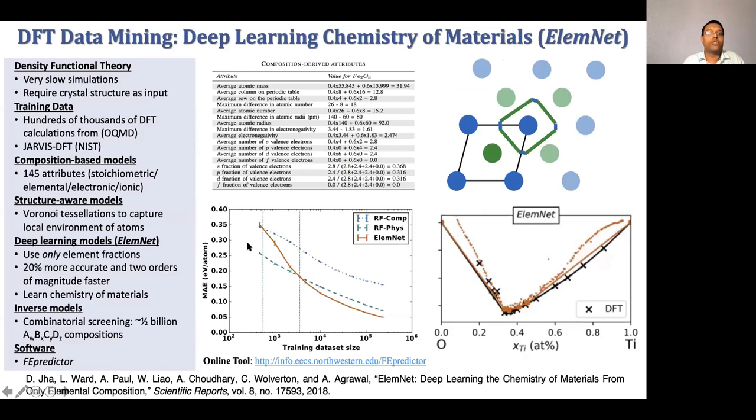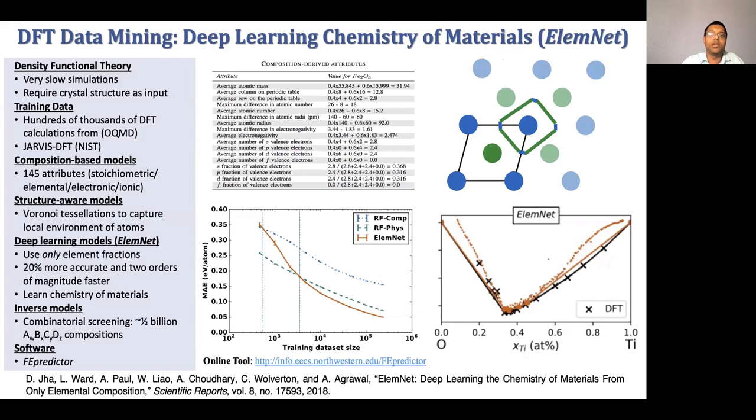The first example I want to show is DFT data mining, deep learning the chemistry of materials from only elemental composition. So I'm sure most of you will know that DFT is a very powerful simulation, which can calculate many useful properties of a crystalline compound.